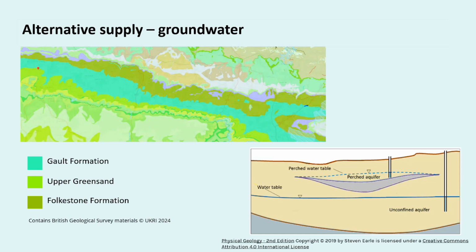And that requires sinking a trial borehole for pump testing. In areas where the new development is not over a perched aquifer, water from a perched aquifer could be used by somebody else in the catchment to reduce their existing potable demand, which would then free up some headroom for the new development.